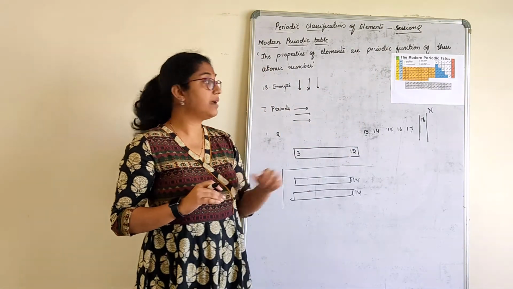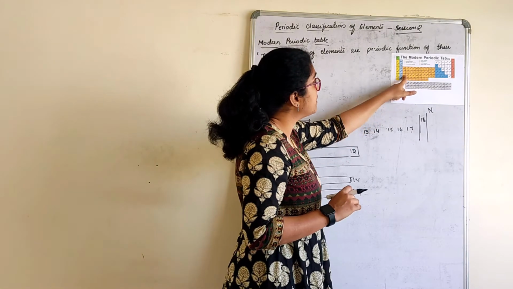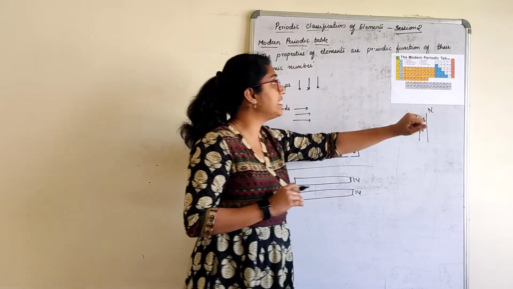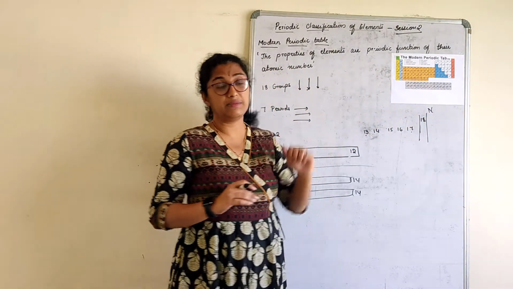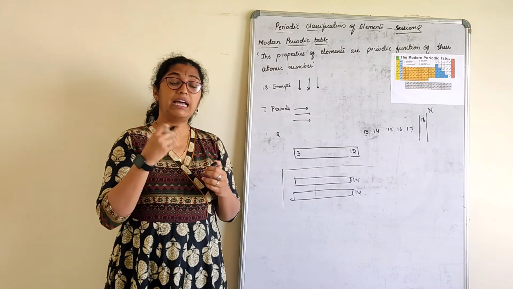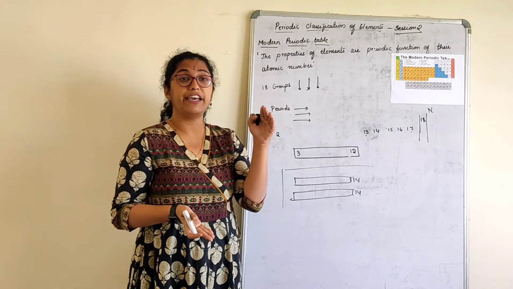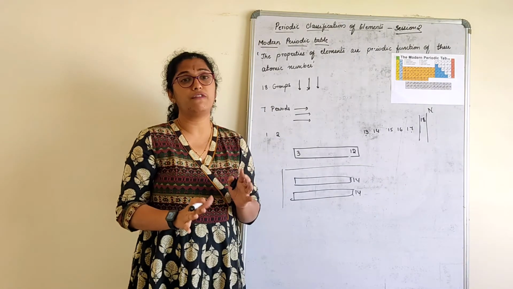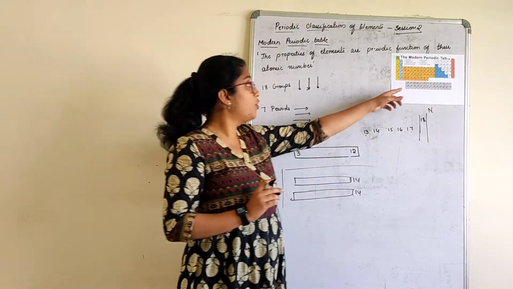But here what happened, when you come to group 3, that is the 57th atomic number, lanthanum is an element. When you come after lanthanum, there were 14 such elements which had the same property as lanthanum, right? So what would happen?